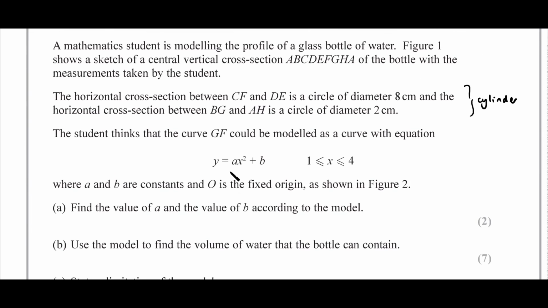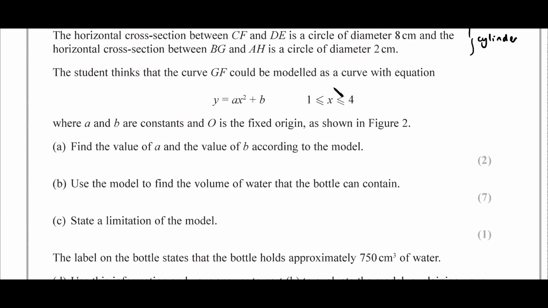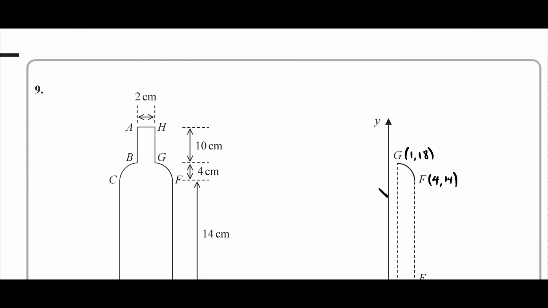Now, for part B, we have to use the model to find the volume of water that the bottle can contain. Now, if we consider this first diagram here, we've got two cylinders.